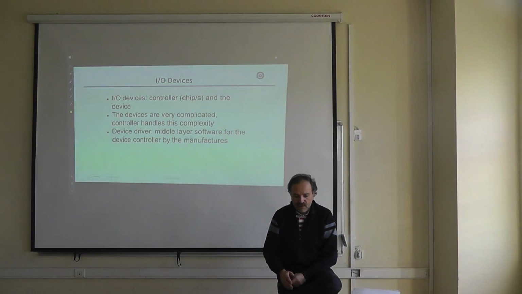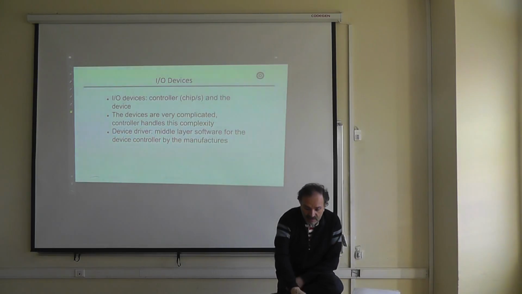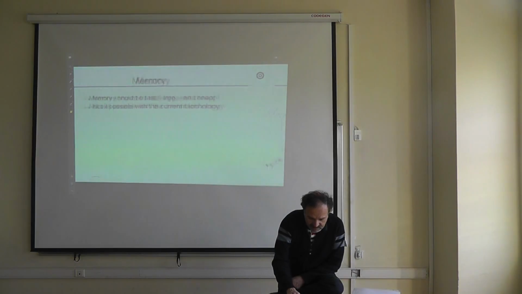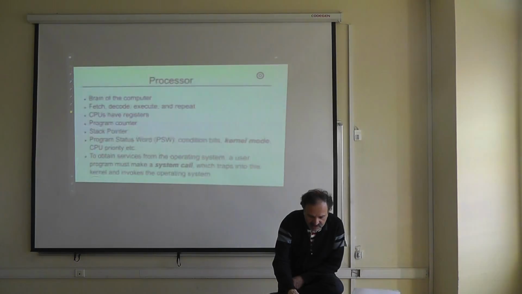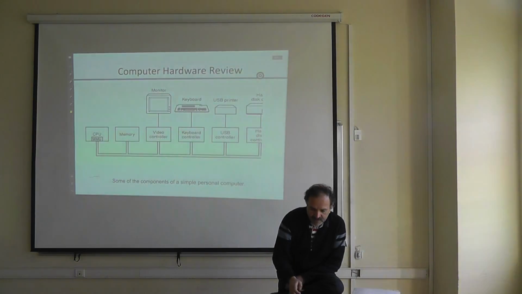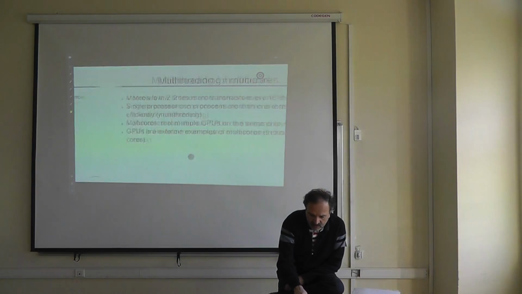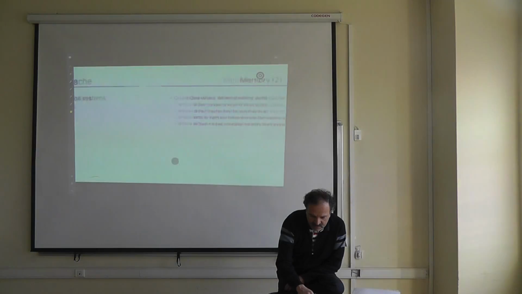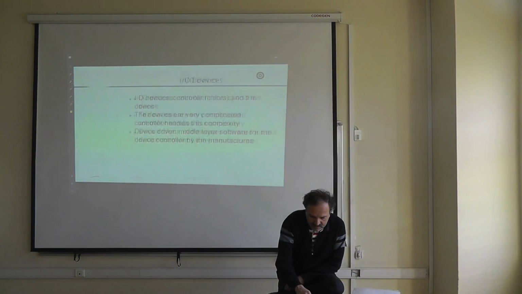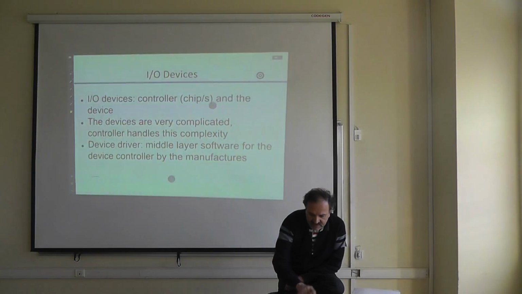Okay. So, remember this picture? This picture, general hardware. We said that each hardware has its own controller, an electronic device. Let's talk a little bit more about that. Okay, I/O devices.